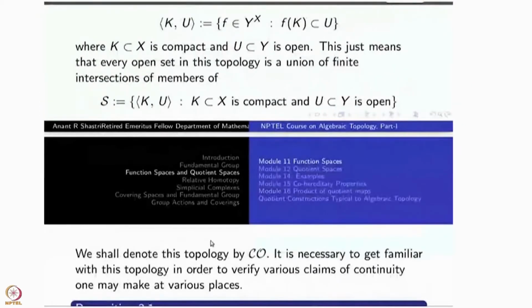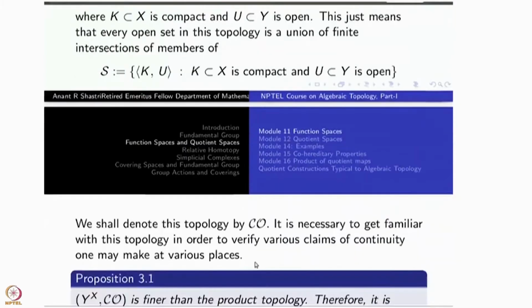Just for a while, whenever it is unclear what topology we are using, we will use the notation compact open, or CO, for compact open topology. Once we are familiar with this, we will not even mention that, like we are all the time writing just R with its usual topology.